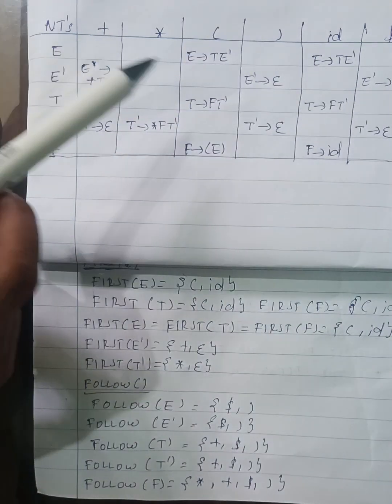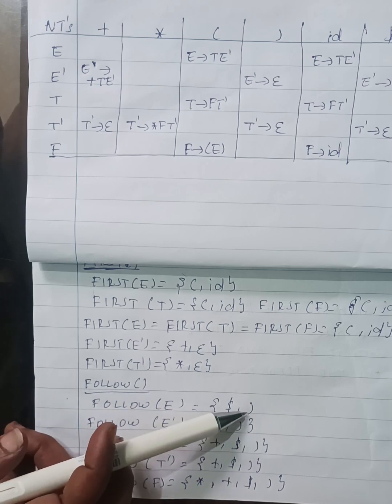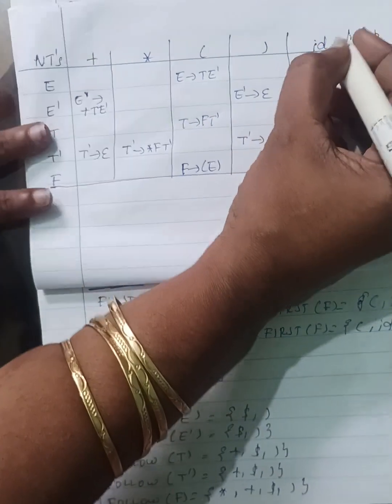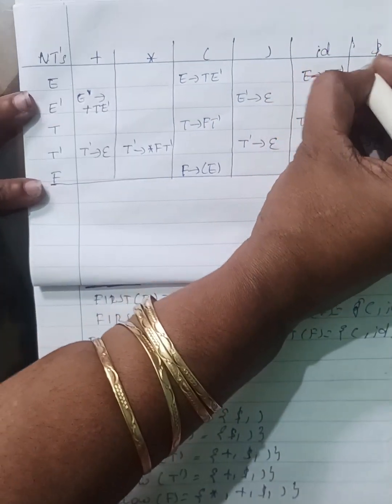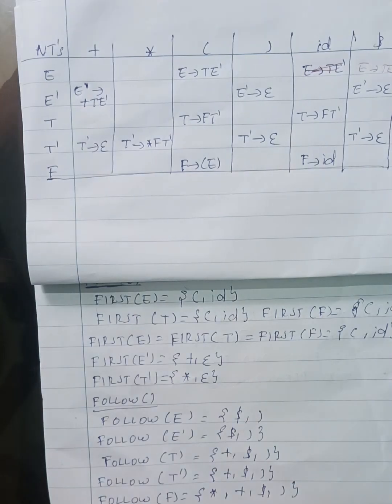So how we are going to fill this is, first check follow of E. Follow of E is dollar and close parenthesis. Sorry, this is wrong. I have to write here E → TE'.